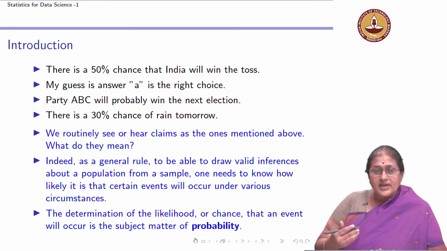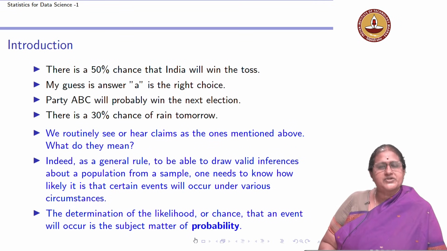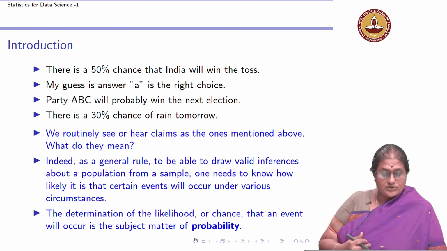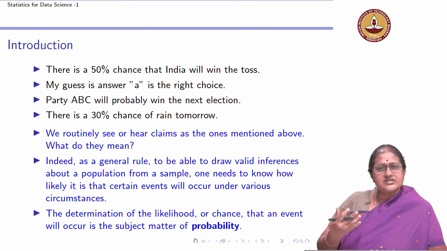If you do not know the answer to a multiple choice question, most of the times we guess an answer. Suppose I guess an answer A, then afterwards I want to say that, okay, I do not know whether what I have guessed is the right answer or not. Similarly, when we come to elections, we hypothesize or we say that a party would probably win the next election.